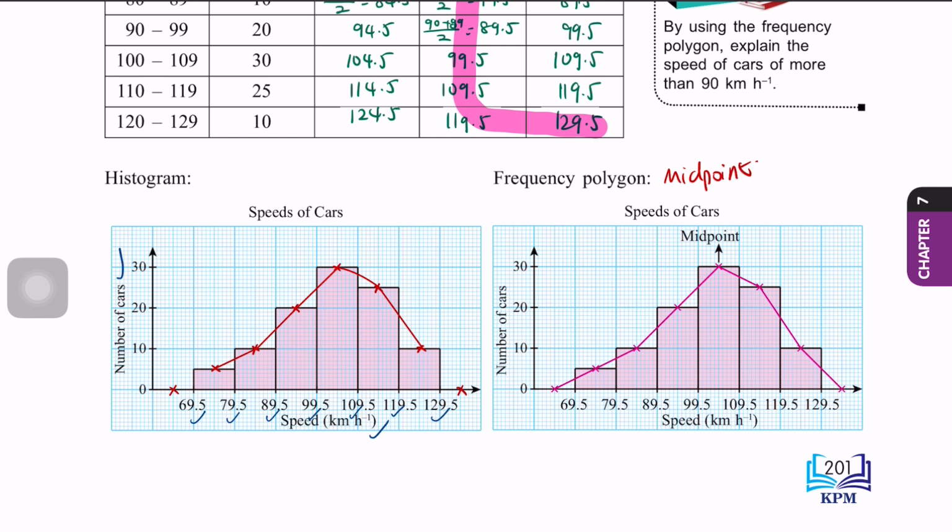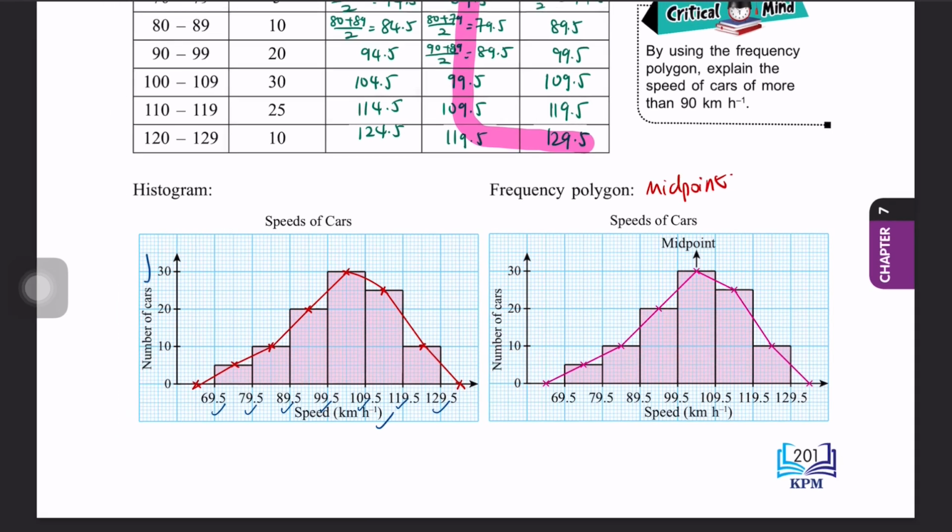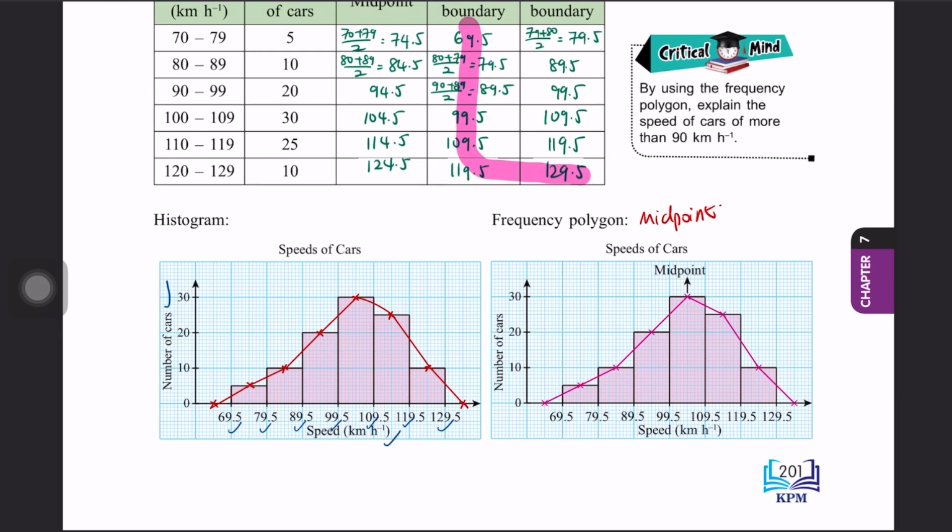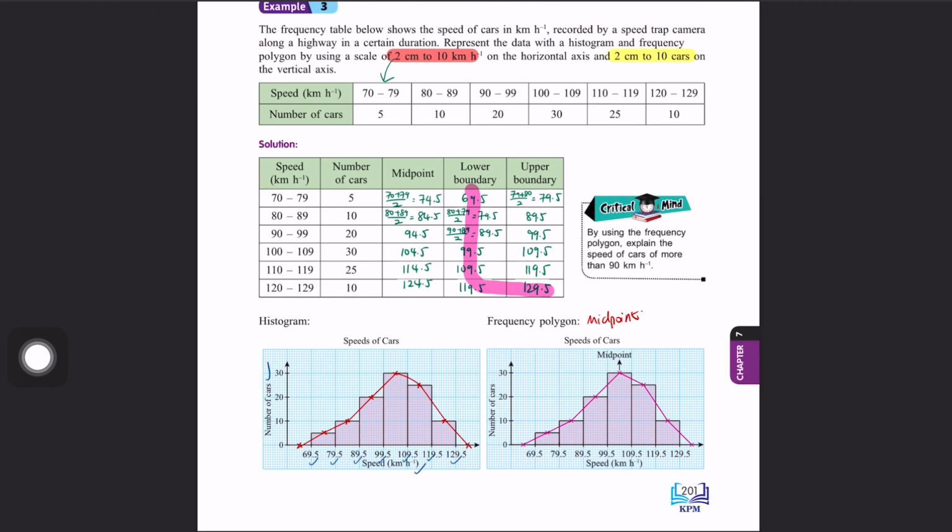So awak just tambahkan garisan sahaja. Boleh? So, jadilah kita punya frekuensi polygon. Mudah sahaja. Frekuensi polygon juga kalau awak tak nak lukis guna boundaries, awak boleh label terus dia punya midpoint. Tapi itu untuk frekuensi polygon sahaja.